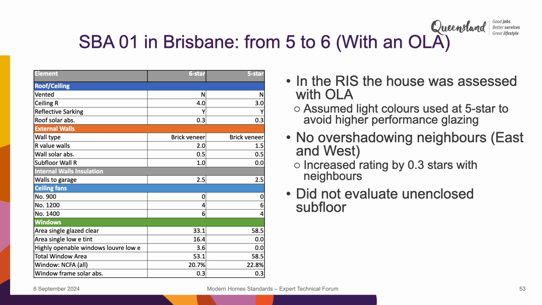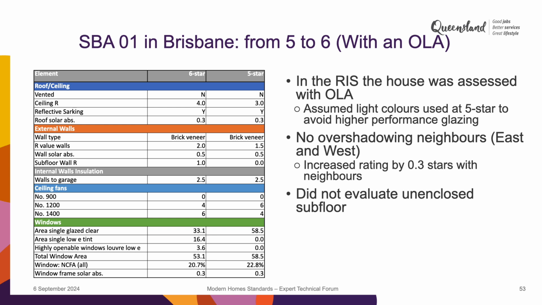Changes here are shown in blue highlight. So yes, as Anthony's found, a bit more ceiling insulation in Brisbane, a bit more wall insulation, insulated the subfloor. The ceiling fans, we've moved still the same number of fans, but we're using wider fans. So we're looking at 1,400 fans rather than 1,200 fans.